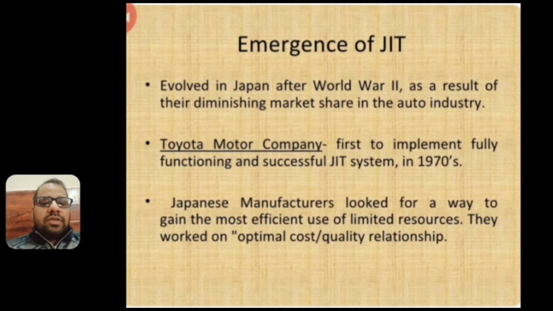JIT, just in time, first evolved in Japan after the Second World War, and after that, their diminishing market share in the auto industry.